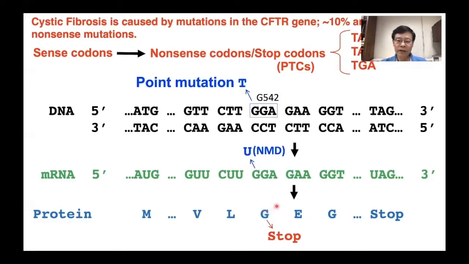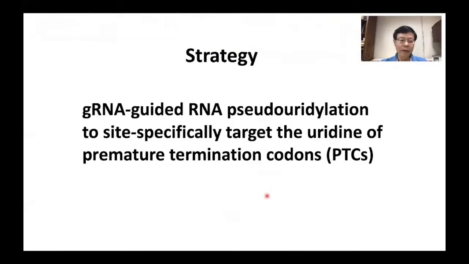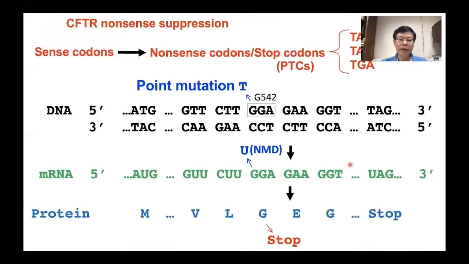So today, I'm going to tell you about a new strategy developed in my lab tackling this problem. It's guide RNA-guided RNA pseudouridylation to site-specifically target the uridine of the premature termination codon, PTC. What I mean by that is that, according to the sequence of the messenger RNA, we can design a guide RNA specifically targeting this uridine to convert it into pseudouridine, which is sufficient to convert this nonsense codon back into a sense codon.